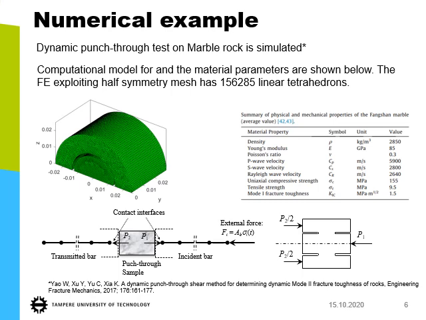So we have a transmitted bar modeled with two-node bar elements, and the incident bar external force here comes in as a rate-dependent force pulse. And then we have contact interfaces, modeled by imposing the contact constraints, and then we have the reaction forces P1, P2, and the loading comes in from here, and it is supported here at the outer rim of this geometry.